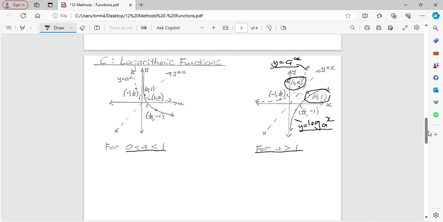So we use the log function for problem solving when we're working with exponentials, because it's just useful to have that as the inverse function. You'll see some worked examples where we use logs to find the answers when we're dealing with exponentials.